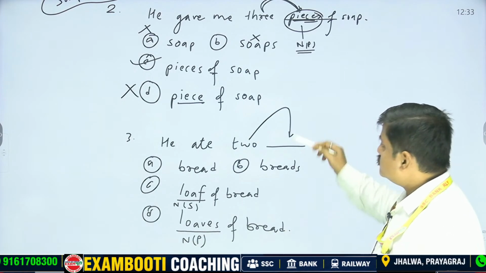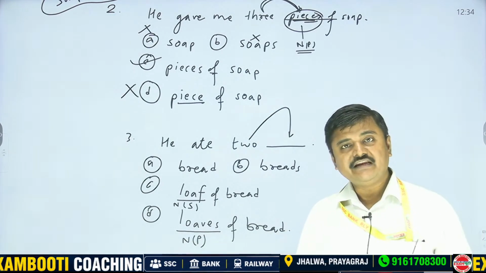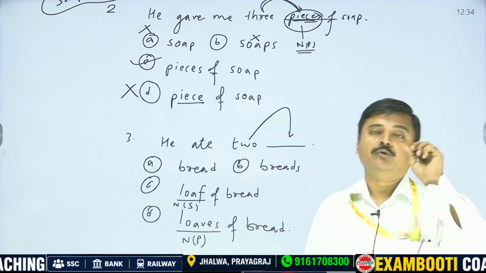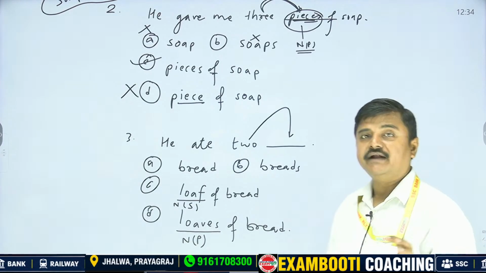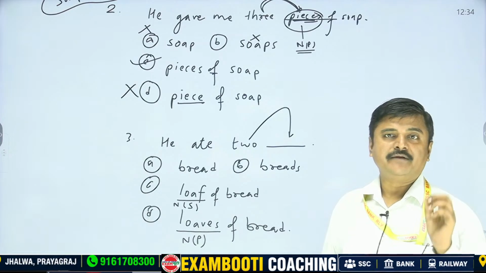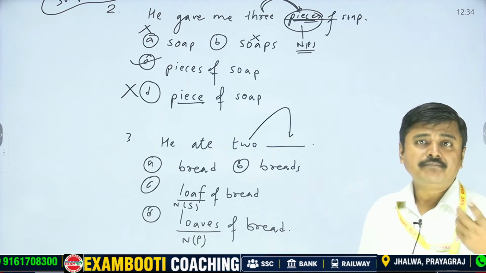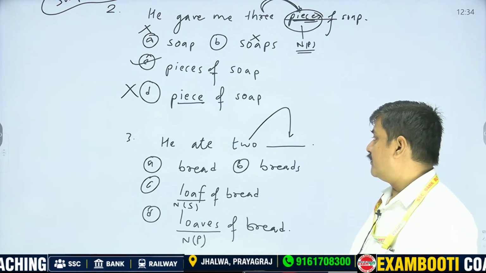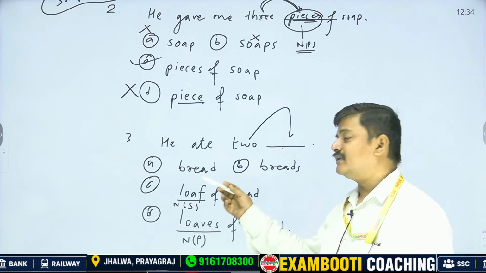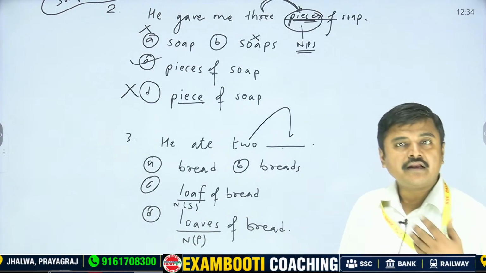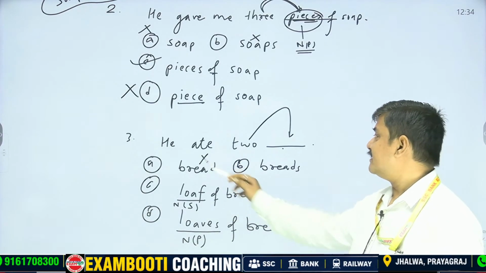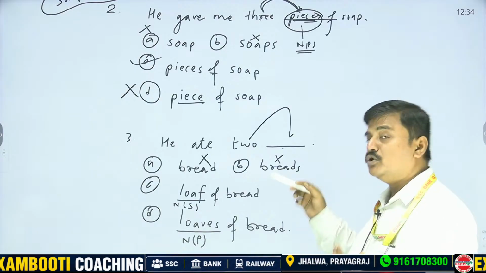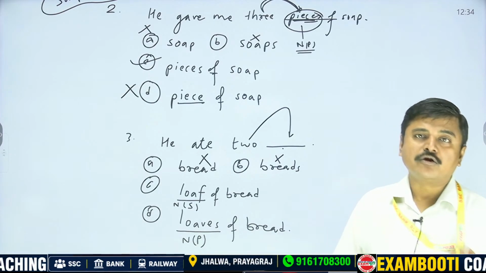So now the same case is here as well. After just 2, we need a plural noun. And we know that bread is an uncountable noun and bread does not have a plural number. So how to solve this problem? We need a plural number, and this word doesn't have a plural number, so you cannot write this. This is actually a wrong use. Breads cannot be written.